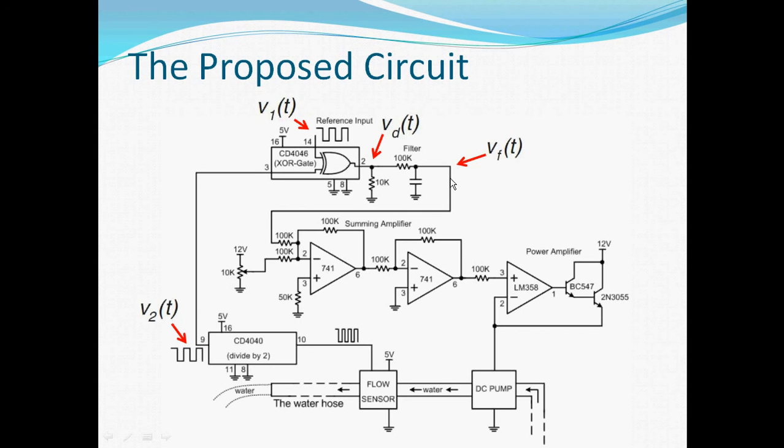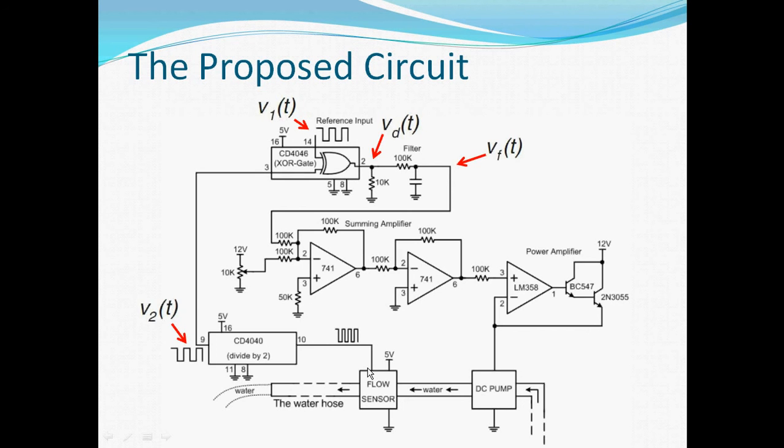That is, the control voltage VF is 0. In order to do this, a summing amplifier is used to add a DC signal to the filter output VF, and then its output is amplified by a power amplifier whose output drives the DC pump.